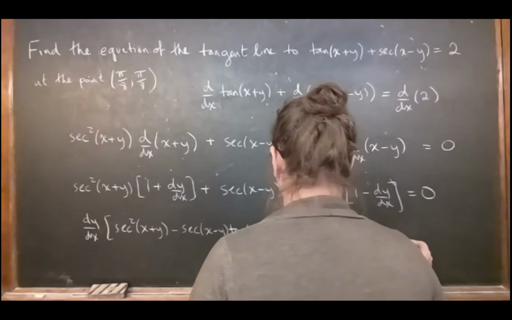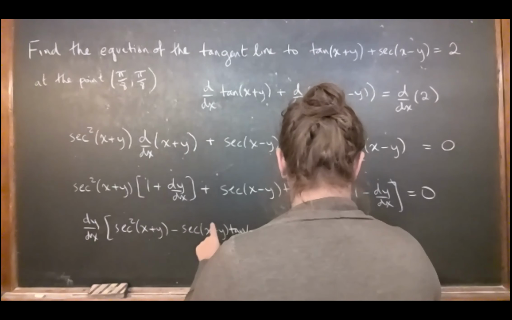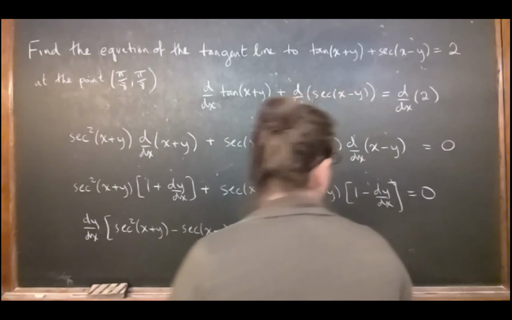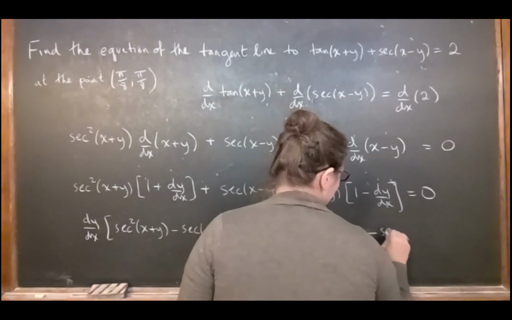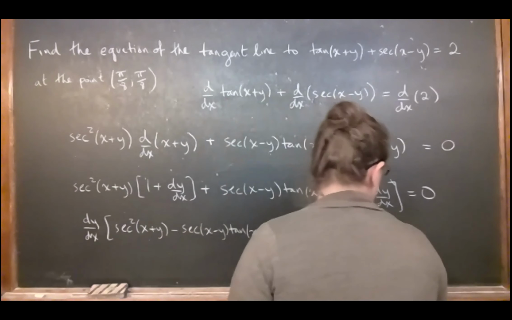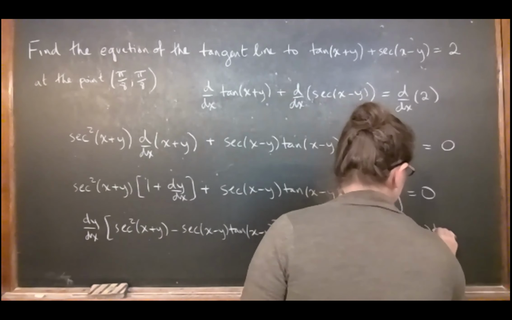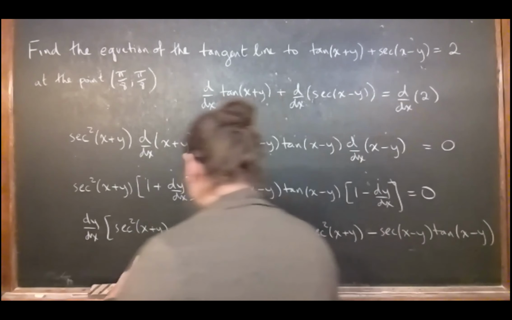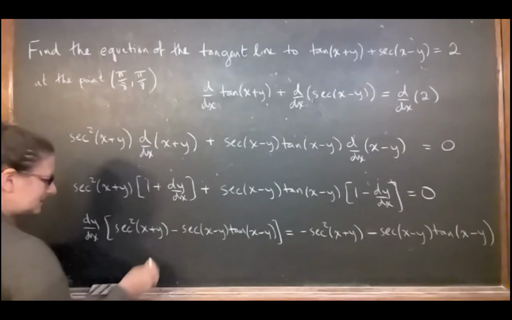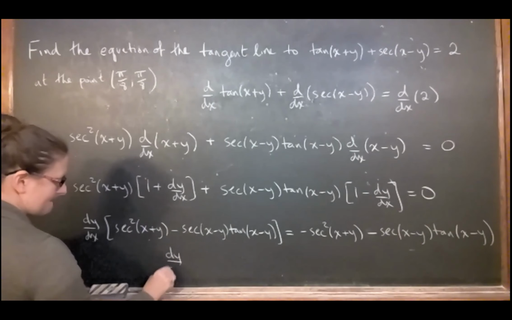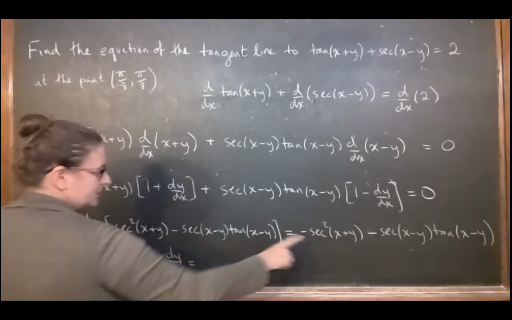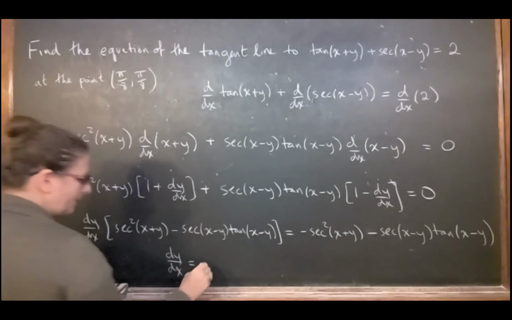Now something's wrong here. Plus is going to be a minus. Oh yeah, okay, there. I knew it was something wrong. Minus secant of x minus y tangent of x minus y. So if I solve this for dy/dx, I am going to have this divided by that.